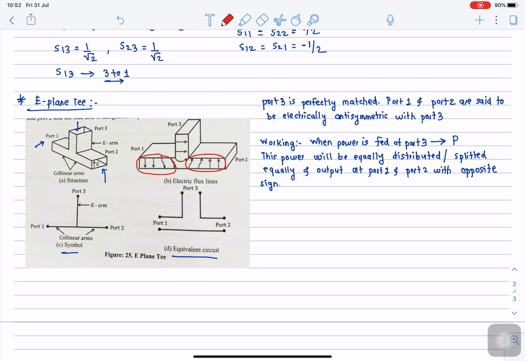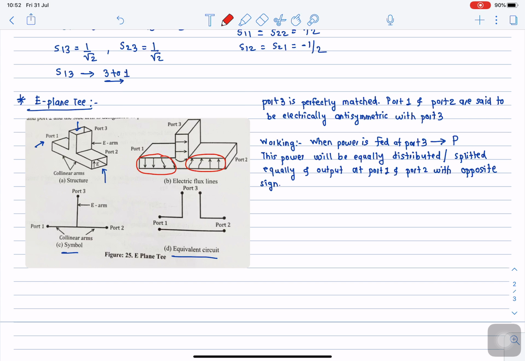That's why this junction based device follows the property of electrical antisymmetry. Now we will derive the scattering matrix for the E plane T.